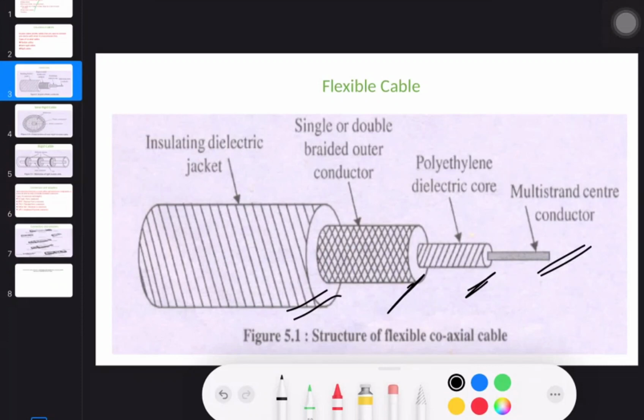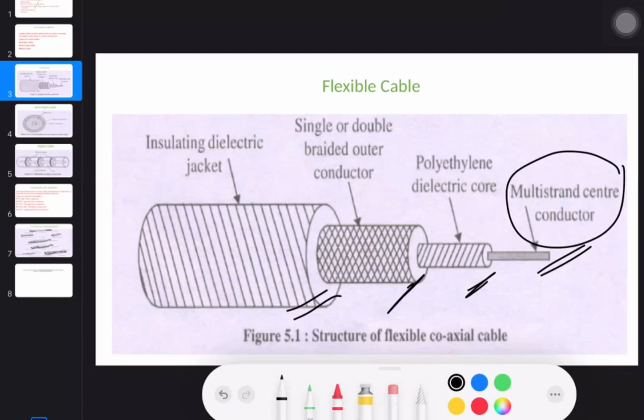So here, a flexible type of cable consists of four different layers. One is the center conductor, which is the inner conductor. If you open a CRO cable itself, you can see all this inside.